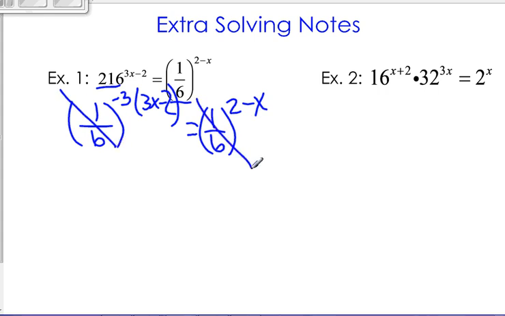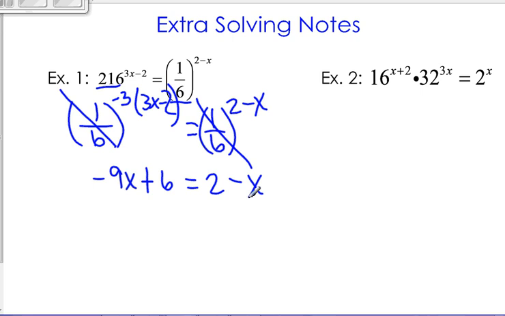Once the bases are the same, I can cancel them out. So I'm going to have negative 9x minus, well, it's a negative times negative, so it'll be plus 6 equals 2 minus x. And now from here, I'm just solving like a regular equation.